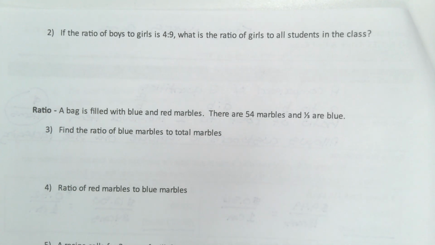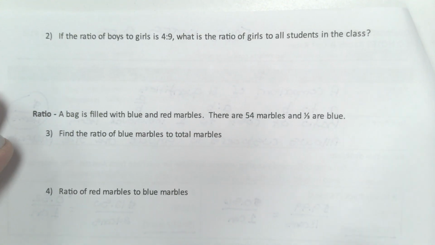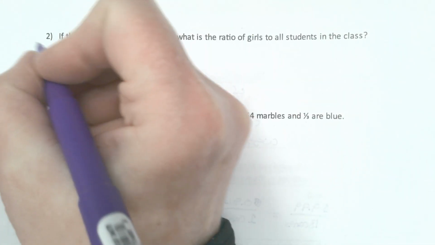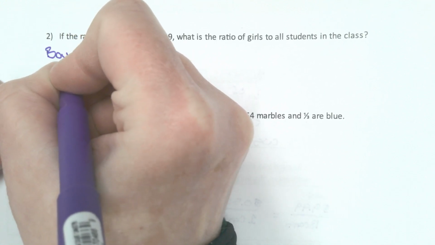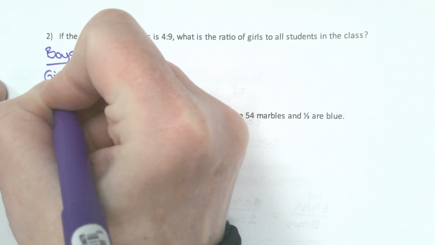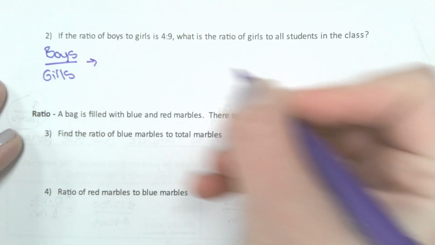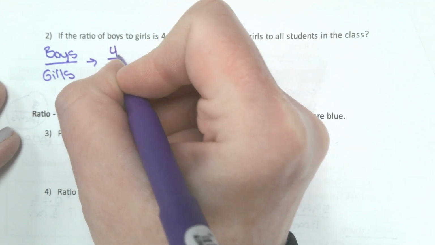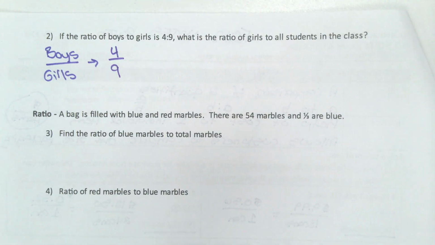All right, the next one says, if the ratio of boys to girls is 4 to 9, what is the ratio of girls to everyone? All right, so it says that we have a ratio of boys to girls. So 4 to 9 is the same thing as 4 over 9.